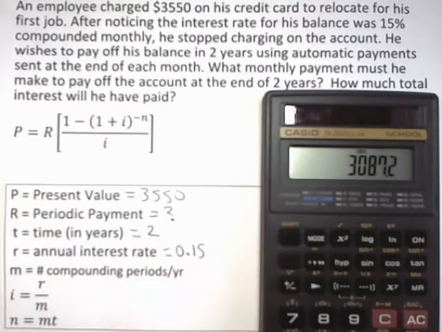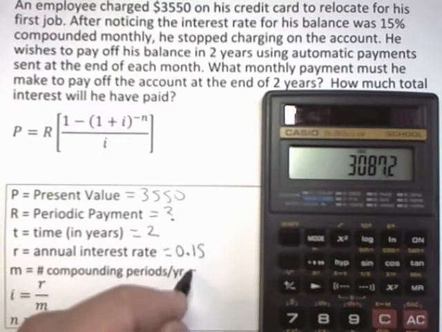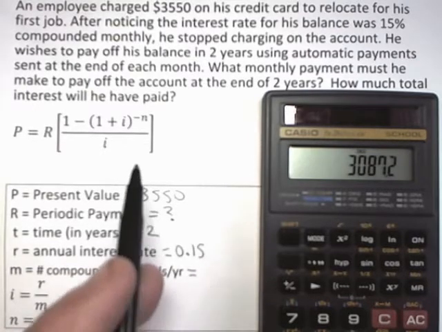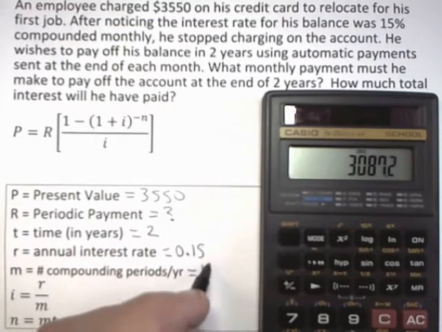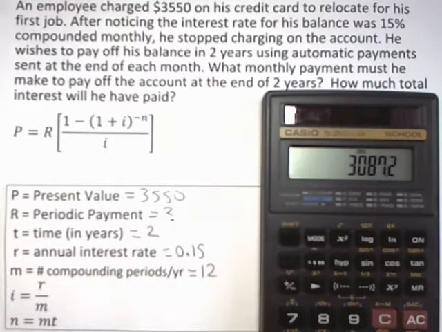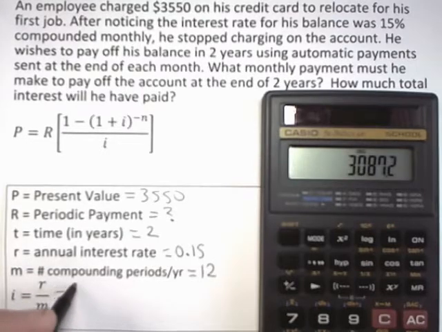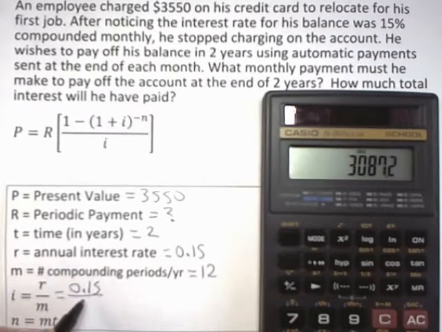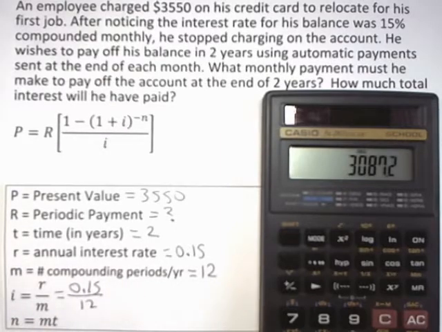That's a high rate, so he wants to get rid of that by paying off this thing as fast as possible. The number of compounding periods per year, it's monthly, so that would be 12 times a year. The interest rate per period, little i, is R, which is 0.15, divided by M, which is 12.